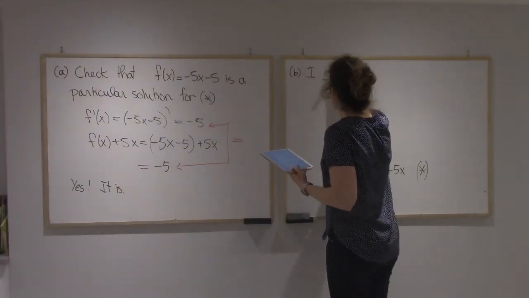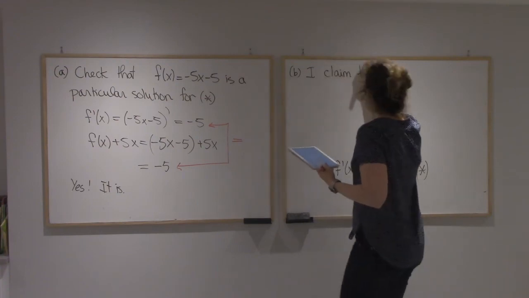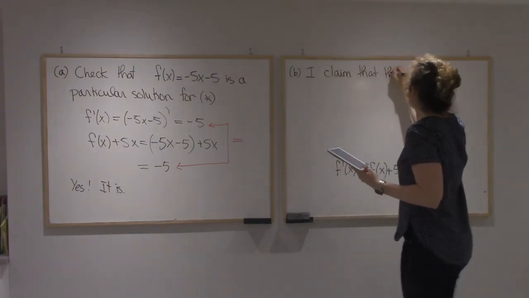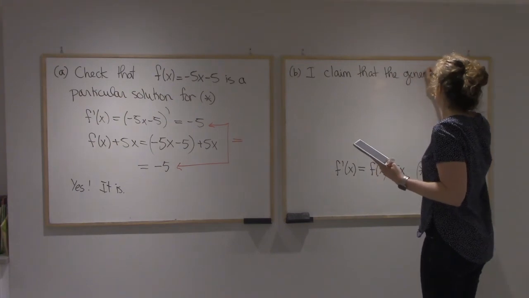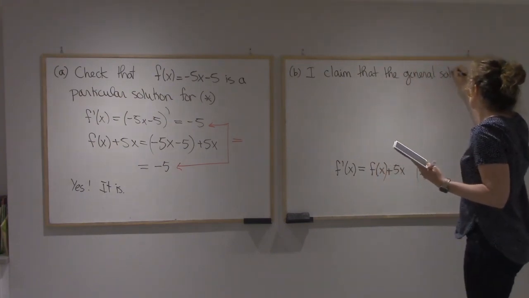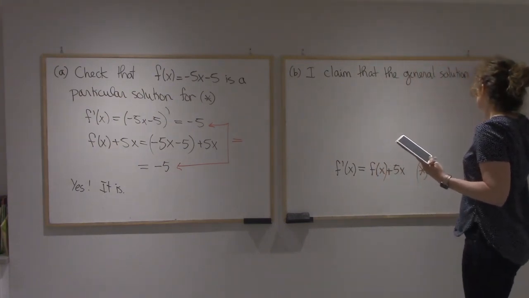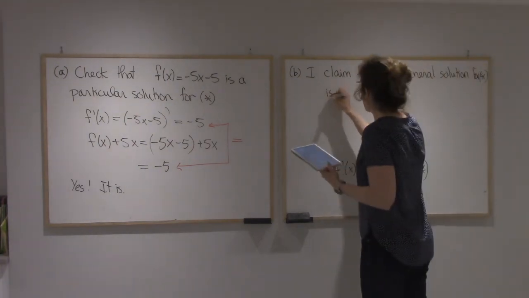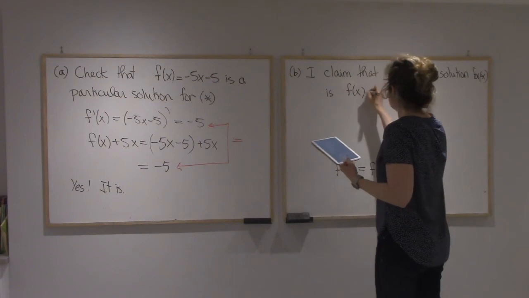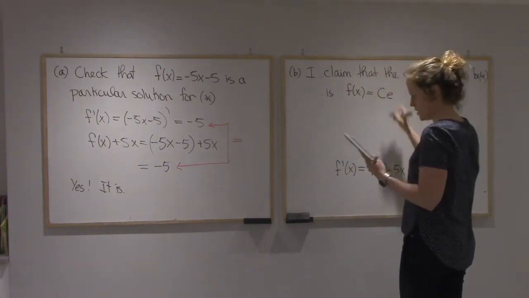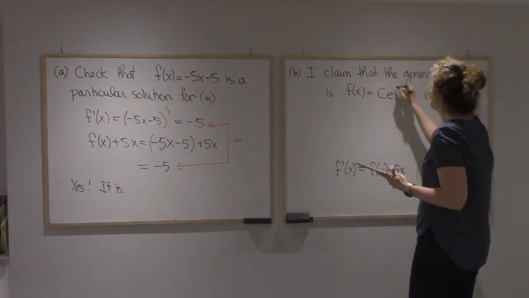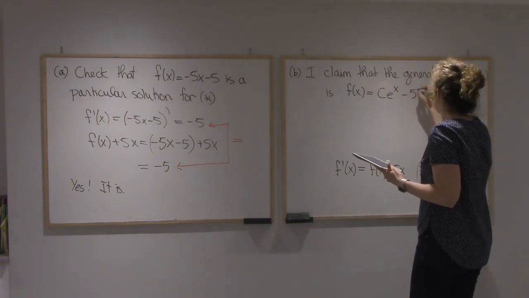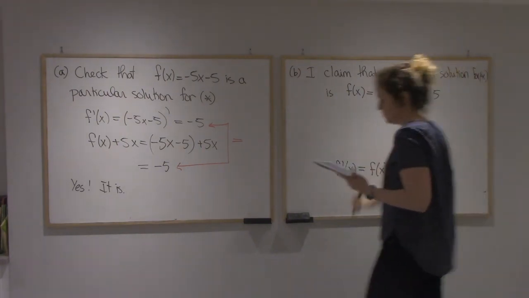Alright, so let me say that I claim that the general solution, and let me give you a formula for it, is f of x equals c e to the x minus 5x minus 5.